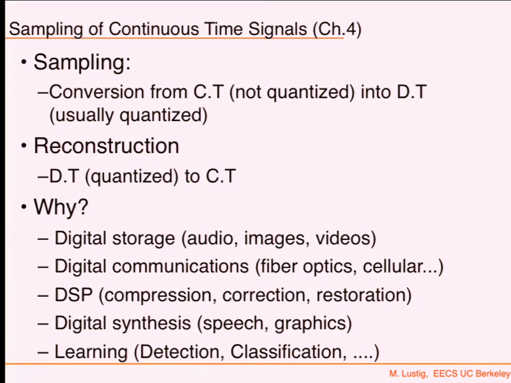Of course, digital communication, whether it's wireless or wired communication or optical and so on. If we want to do any processing, if we have samples represented on a computer, we can do this much easier than we could in the analog domain. If we want to create something like computer graphics, there's going to be a whole slew of new technologies coming up, like virtual reality and augmented reality that you're going to be seeing quite soon.